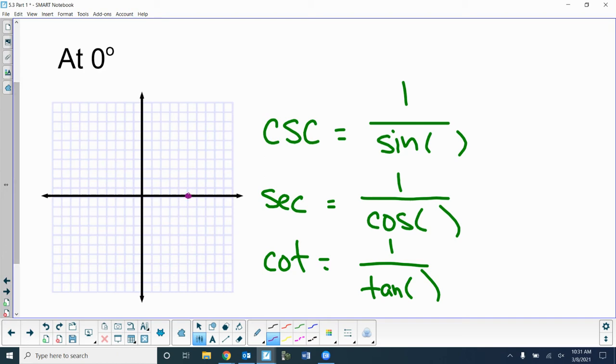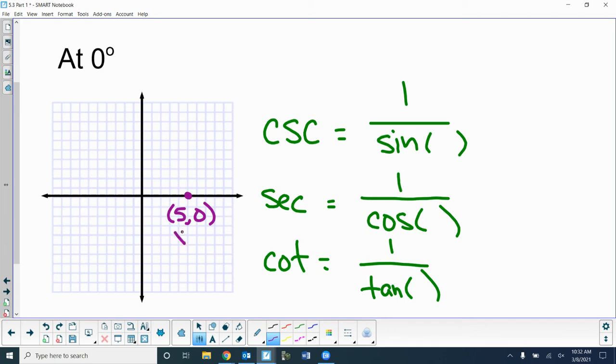So I'm just going to pick this point. It's on the x-axis. And that point is 5, 0. So I just labeled it. But you can pick 1, 0, 2, 0, up to 10, you know, any numbers you want. The y value is 0, the x could be anything. But it's got to be positive for 0 degrees. The x does. All right?